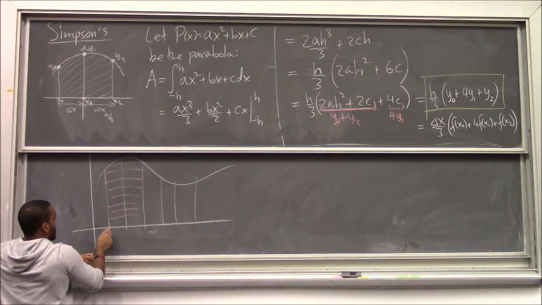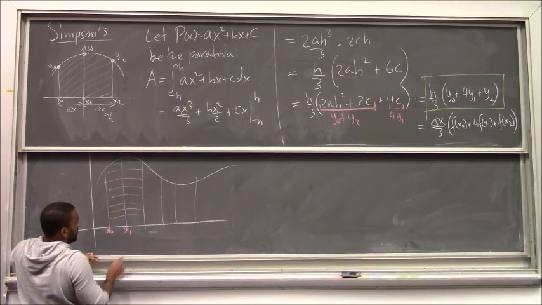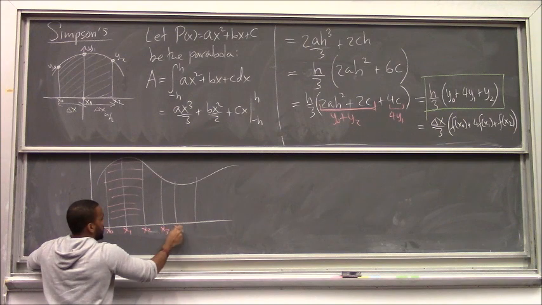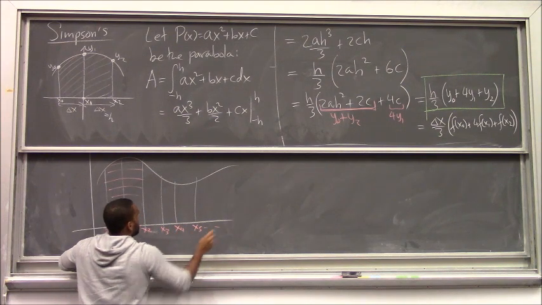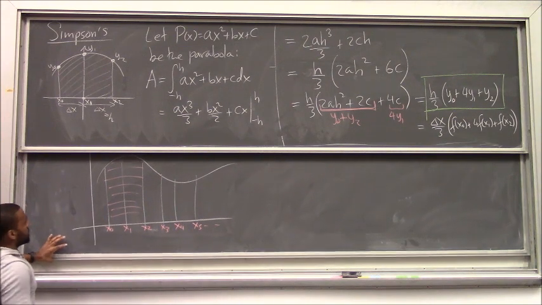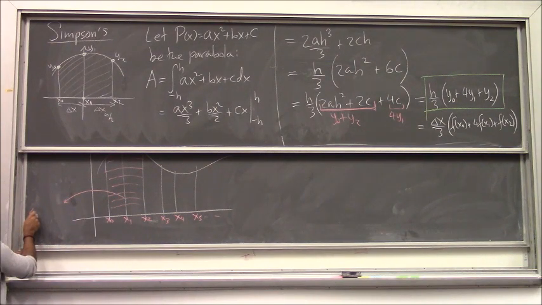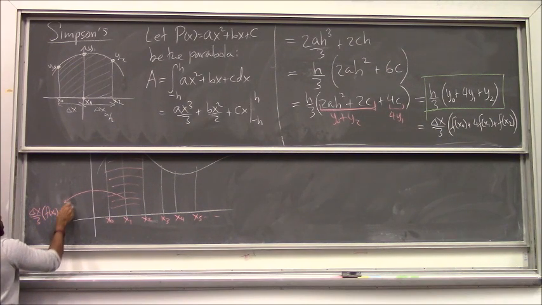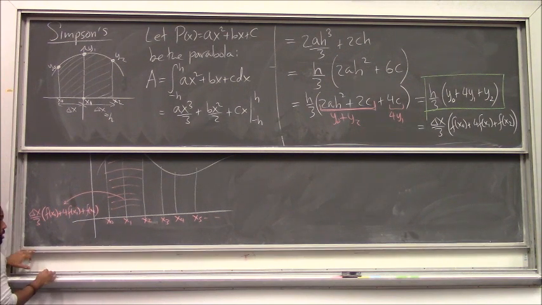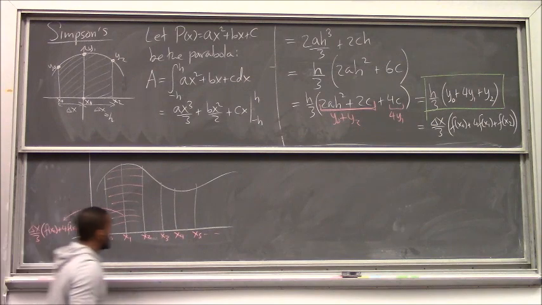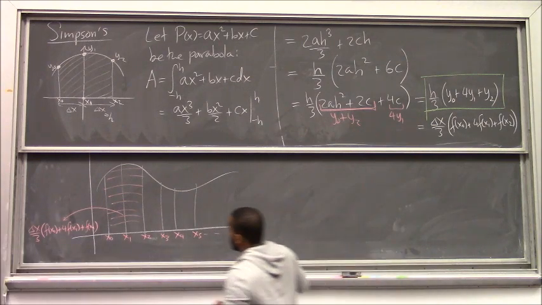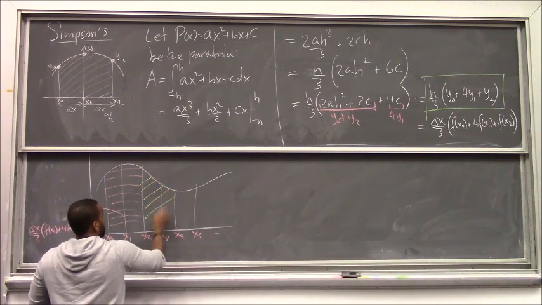Let this guy be your x0, your x1, x2, x3, x4, x5, etc. Notice that the first part is going to give us an area of delta x over 3 times f of x0 plus 4 f of x1 plus f of x2. And then you would create a second parabola, which is going to cover the next two intervals over here.